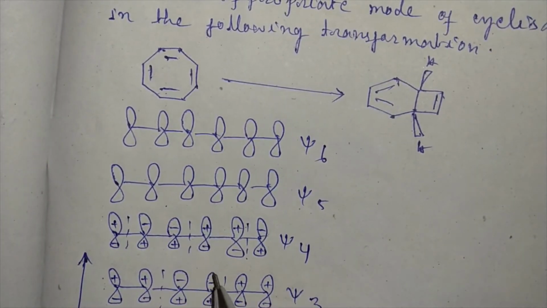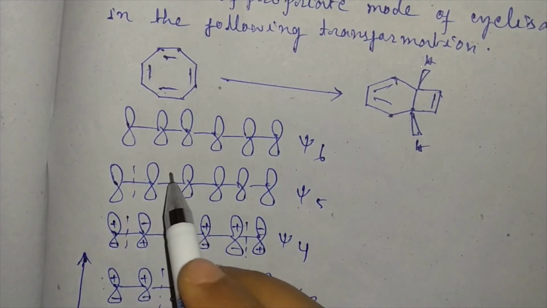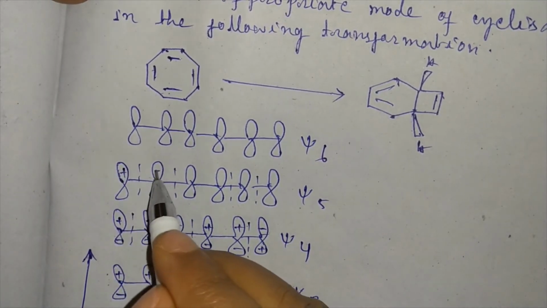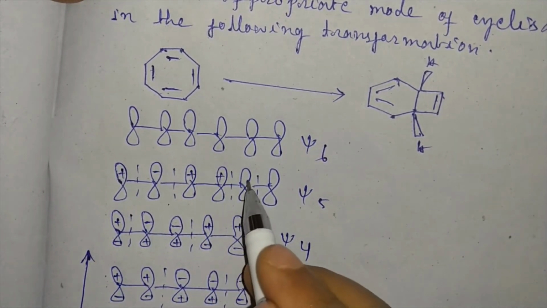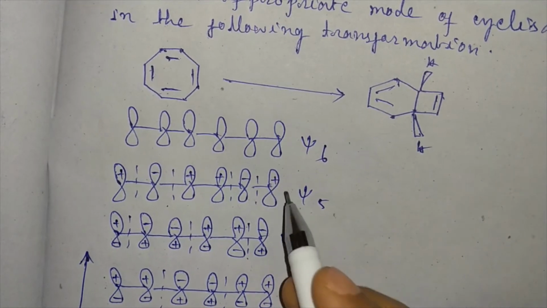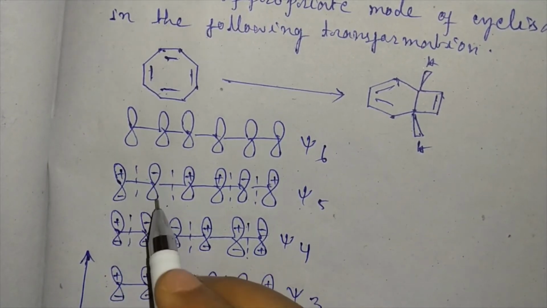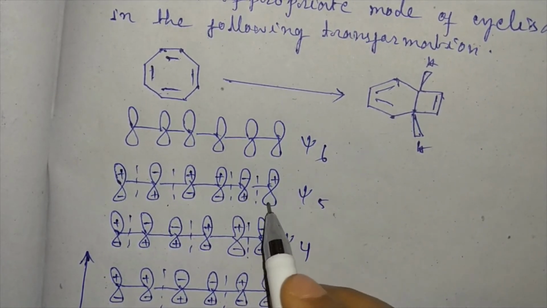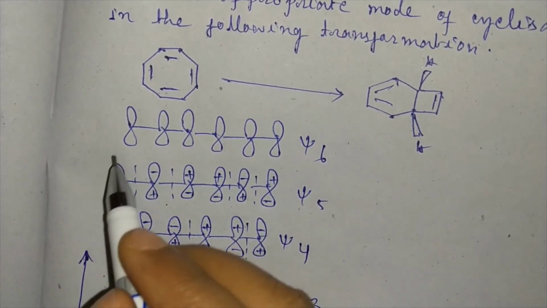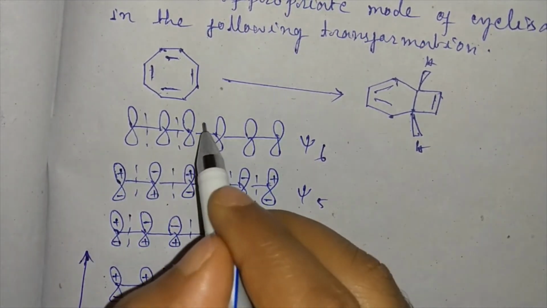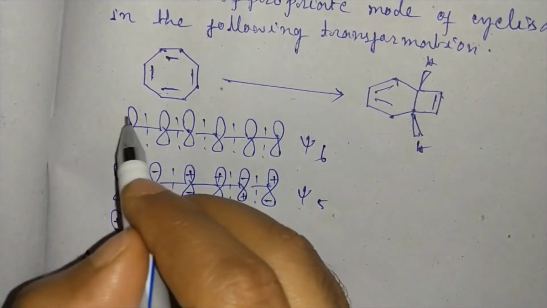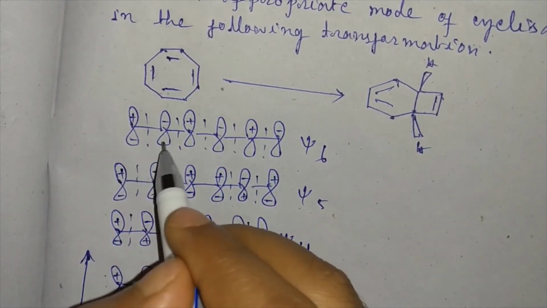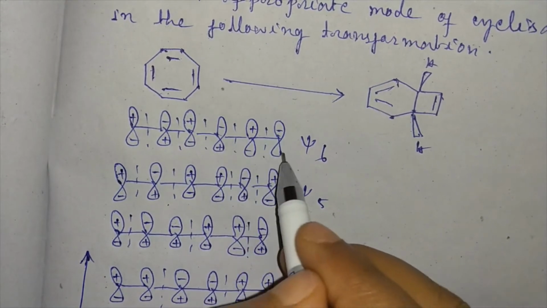Here four nodal planes will be there, so plus minus plus minus plus. For this, 5 nodal planes will be there, plus minus plus minus plus minus plus minus plus.